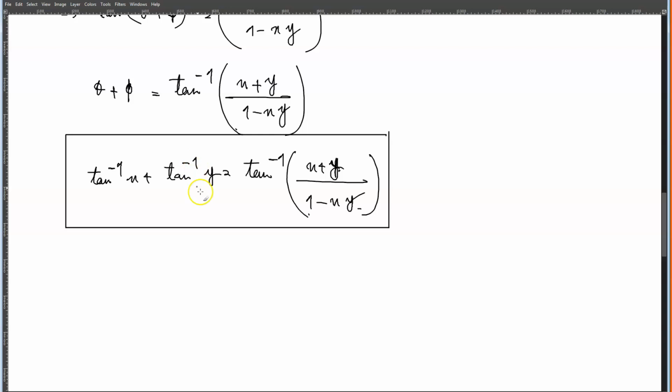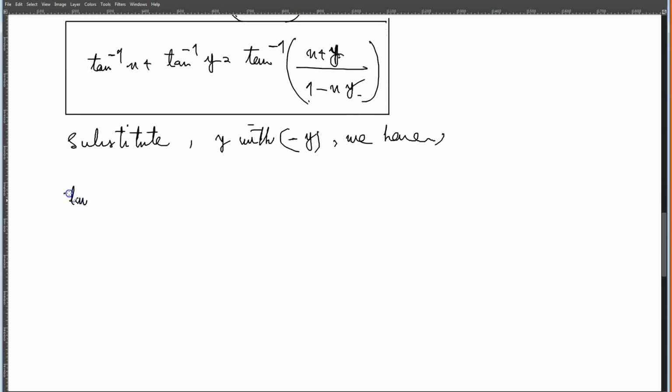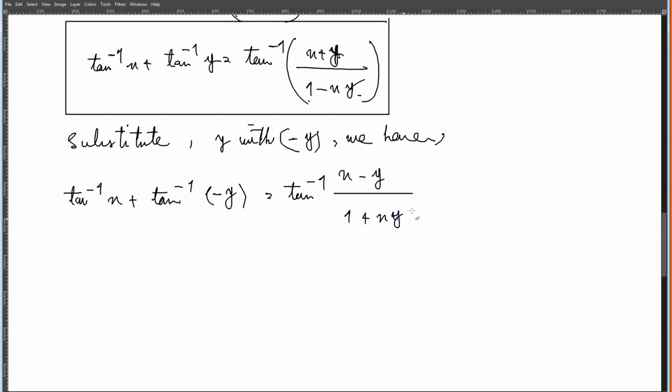Now in this result, if you substitute y with negative y, we have tan inverse of x plus tan inverse of negative y is equal to tan inverse of (x minus y) over 1, and negative y over here multiplied, you will get 1 plus xy.